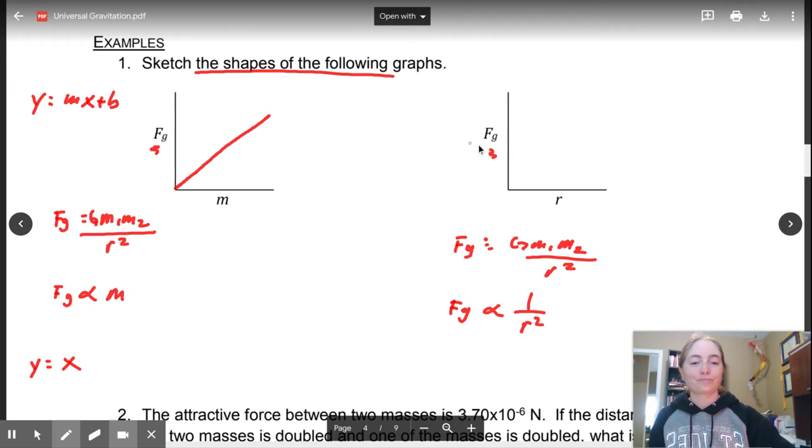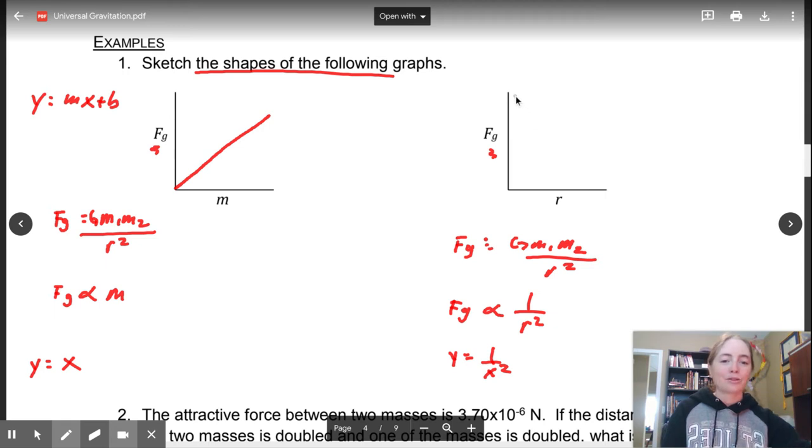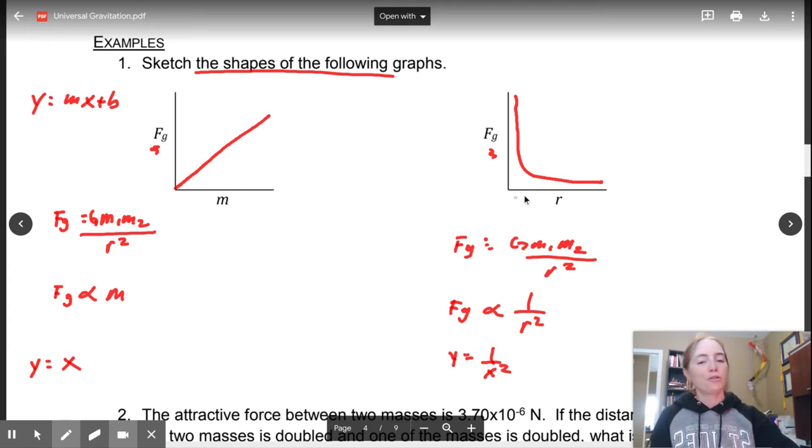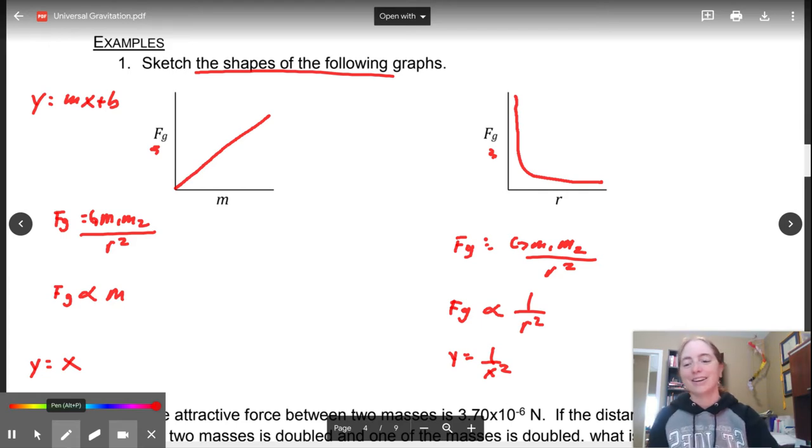So, ladies and gentlemen, remember that this is similar to where y is equal to 1 over x squared. Okay, now this is what is called inversely proportionate. So the Fg is inversely proportionate to the square of the radius. Okay, that's not how to word it mathematically. So we would graph it like that. So the farther and farther away you get from the center of that mass, our Fg is just gonna tank. Sounds good? Alrighty-o.